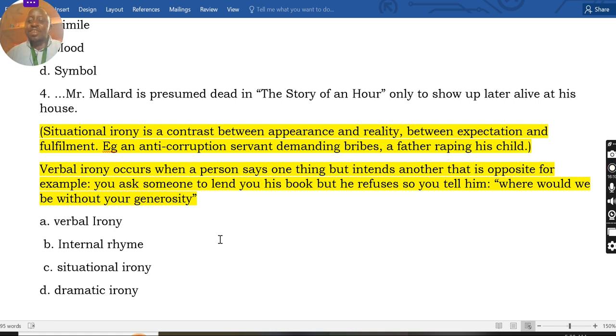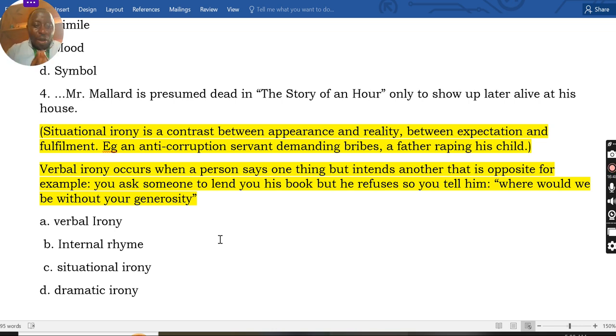So this doesn't mean that you are happy with the person, because really he refuses to lend you his book. Instead, this person is not generous. Really, the man is mean. But you say, where would we be without generosity?